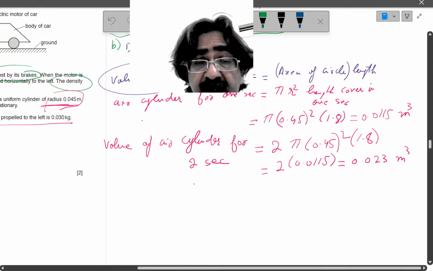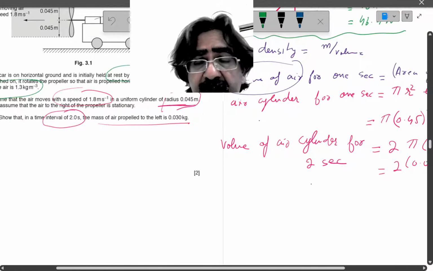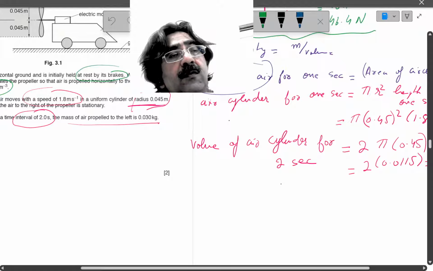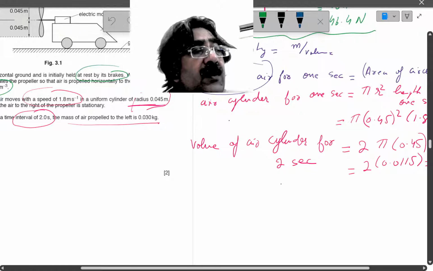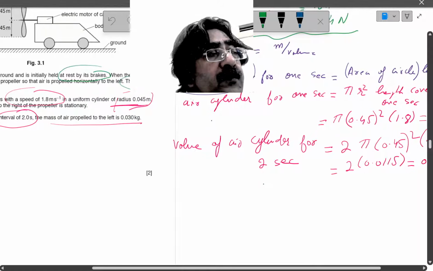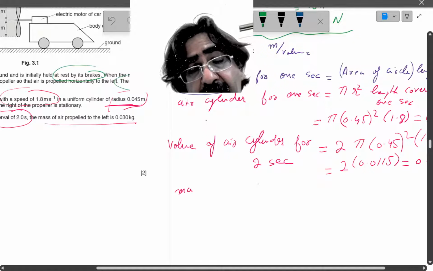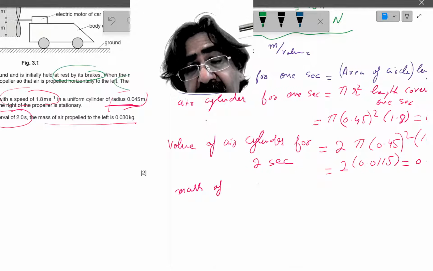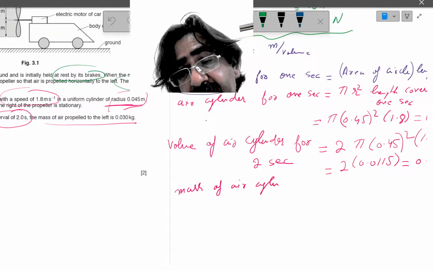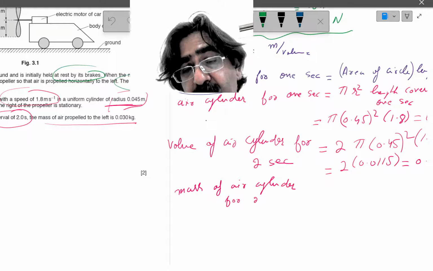Oh, this is volume. Sorry, we have to find the mass. No, actually, the problem is that we have to calculate the mass, not a volume. So what will be the mass of the air cylinder for 2 seconds?